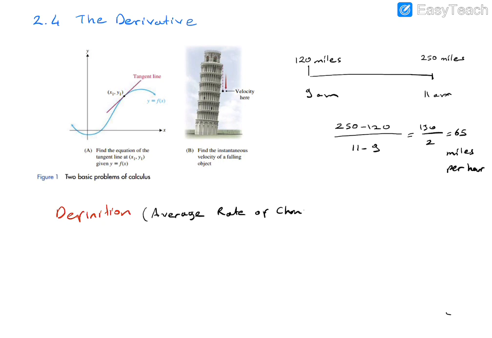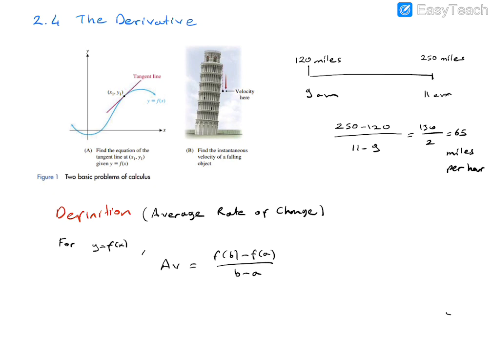For any function y equals f of x, the average rate of change of f from x equals a to x equals b is f of b minus f of a over b minus a.